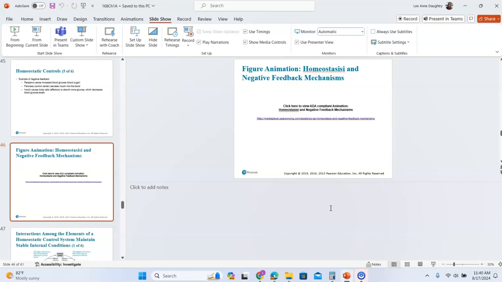I wouldn't spend so much time telling you about it if it wasn't good. This is a good animation to show you how negative feedback mechanisms work, and to explain the receptor, the control center, and the effector a little better.